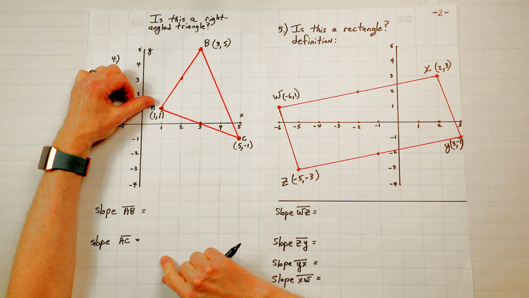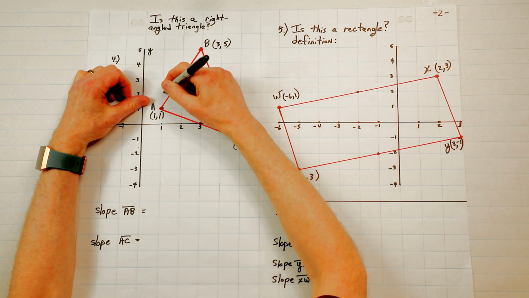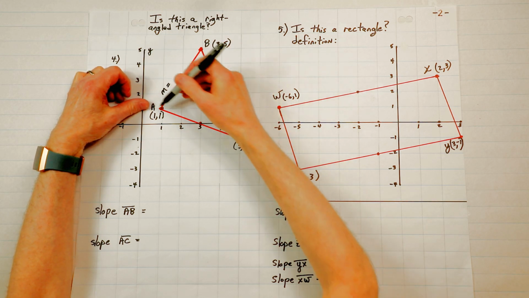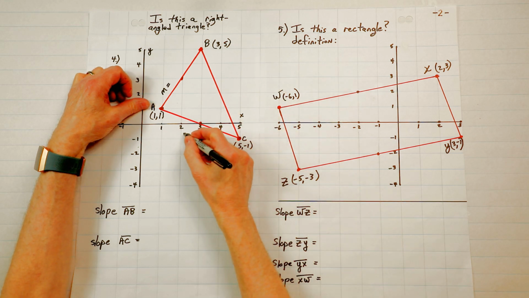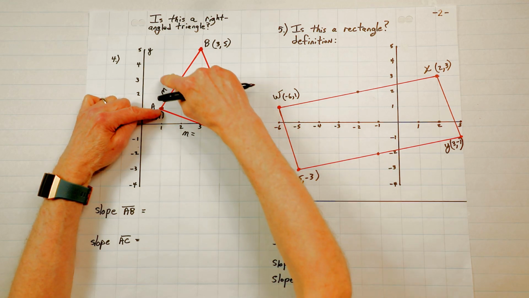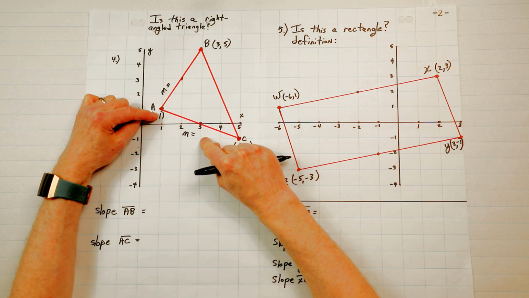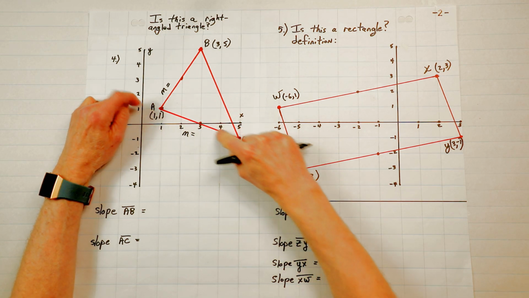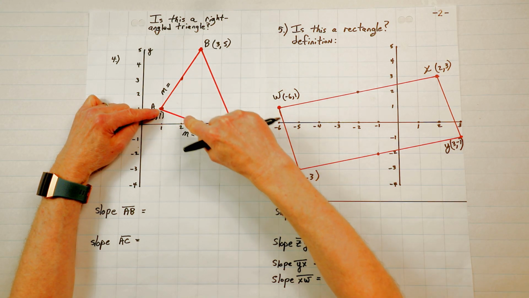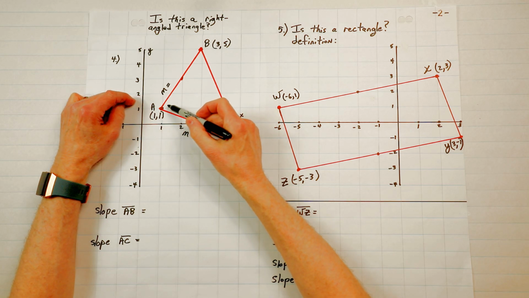So what we have to do is we have to look and find the slope of this side, and we have to look and find the slope of this side. And if the two slopes are negative reciprocals of each other, that means the two lines are perpendicular. And when two lines are perpendicular, that means there's a 90-degree angle right there.